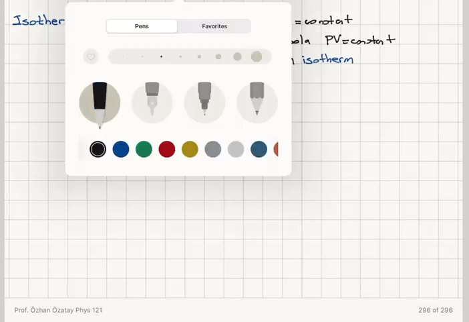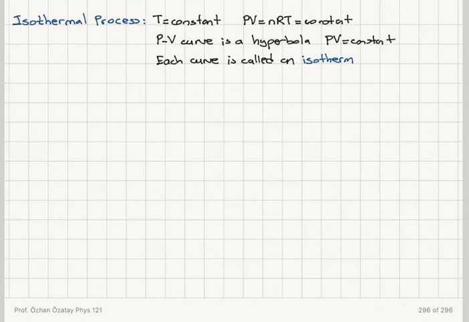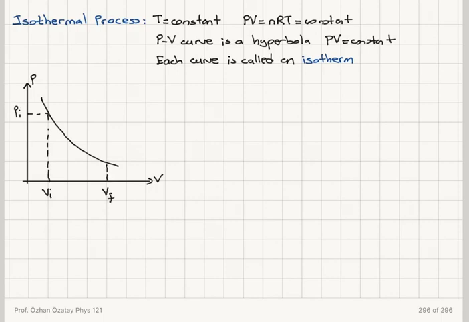So if you plot pressure as a function of volume for an isothermal process, that's the hyperbola, and we see that we start with, let's say, this V initial, P initial, and we go to this V final, P final. We're going to have this curve called the isotherm, and the area underneath will give me information about the work done on the system. So how do I calculate the work done?